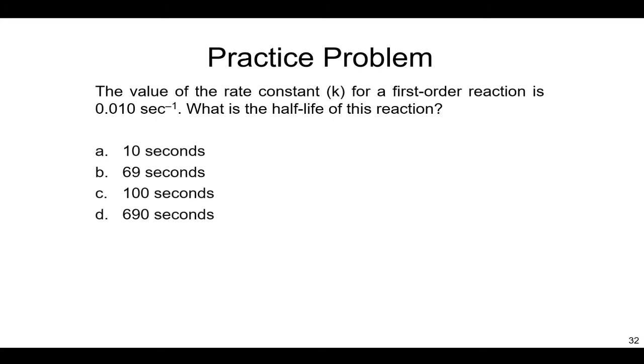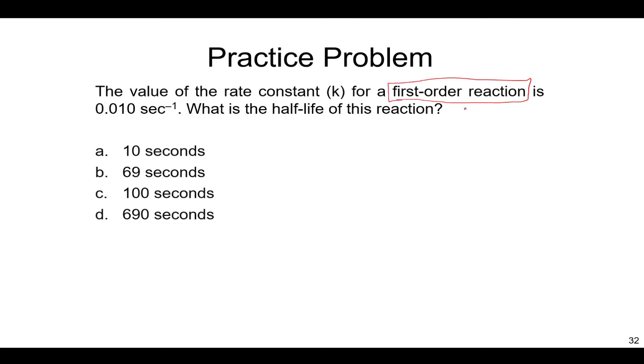Now, let's put this into practice and do a calculation here to calculate the half-life of this reaction. Feel free to pause the video here and try it for yourself before I solve it. Okay, the value of a rate constant for a first-order reaction. So if you were given a problem like this, reading first-order reaction, you need to remember, or I suppose derive, if you don't just remember it.